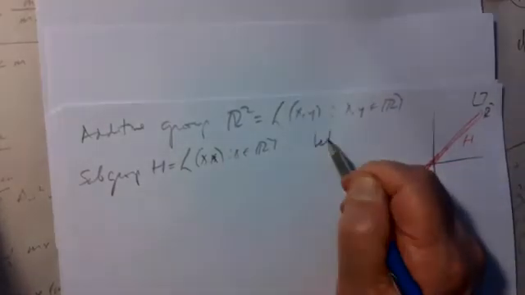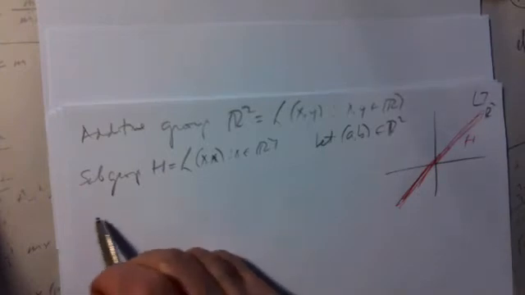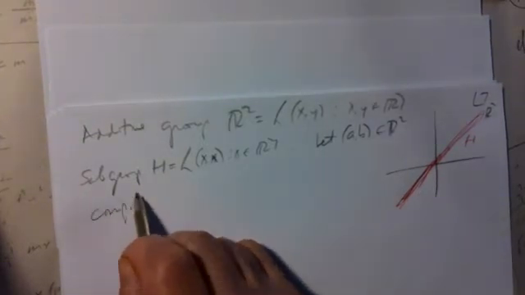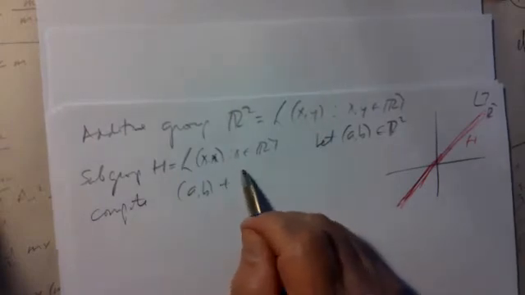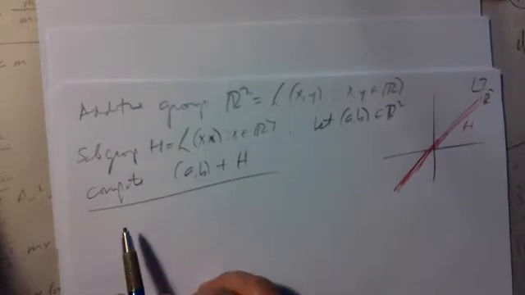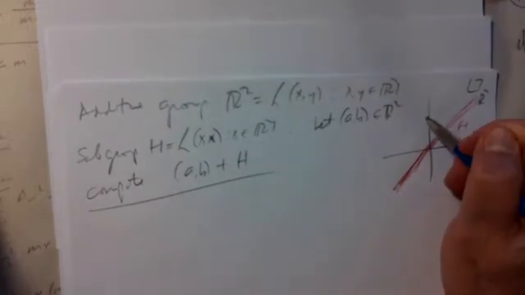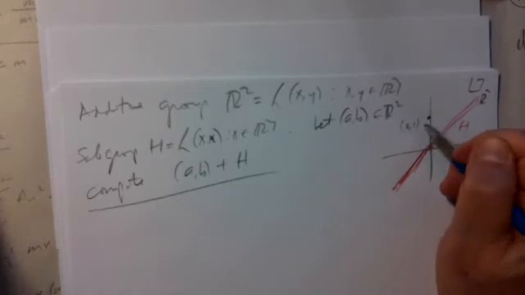And suppose we let (a, b) be any vector in R2. We want to compute the left coset (a, b) plus H. And maybe to make it easier, I'll start with, instead of an arbitrary point (a, b), a point on the y-axis, (0, c).